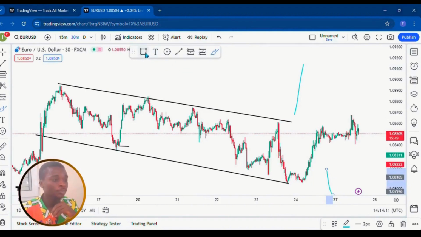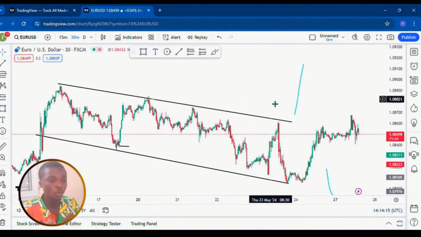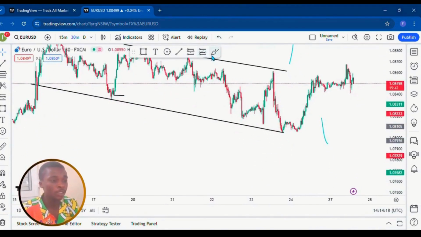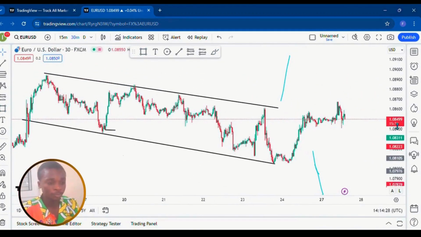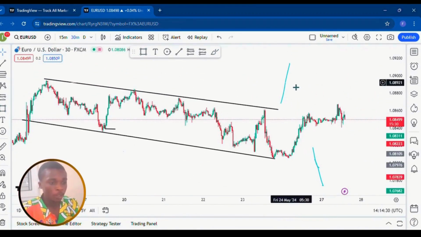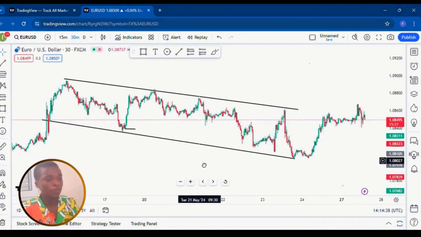So what you have to do is wait to see who's going to win, either the buyers or the sellers, to help you know if you have to sell or buy after the trend formation. You can see that. So this is how you should wait to see if the buyers will win or the sellers are going to win.